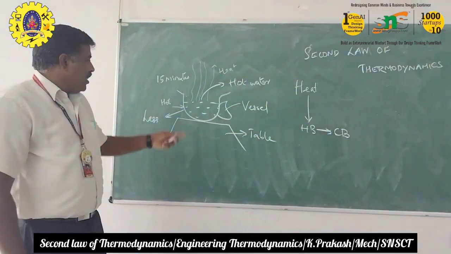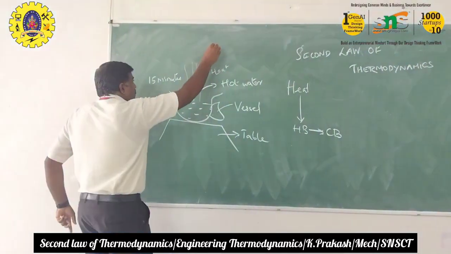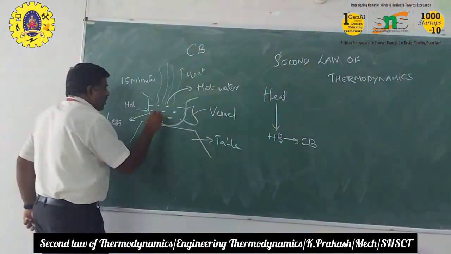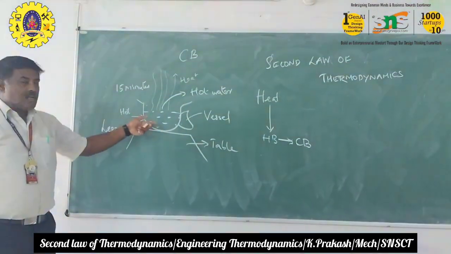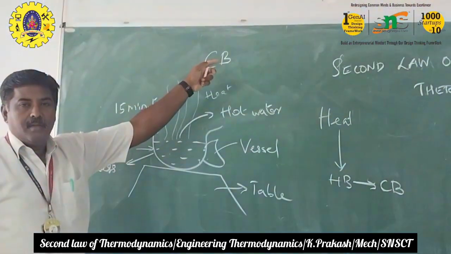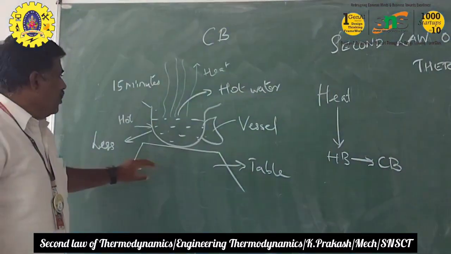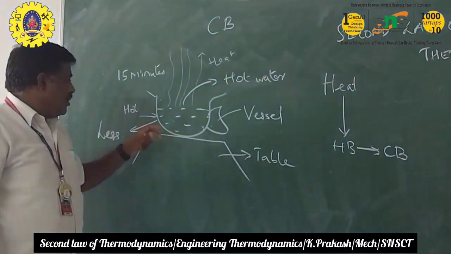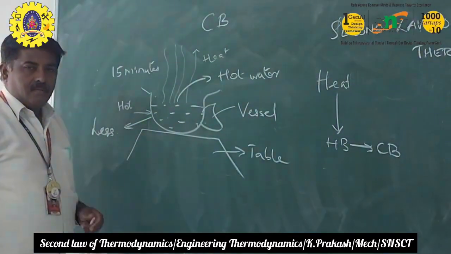The same principle applies here: the environment is the cold body and this vessel of water is a hot body. So heat moves from the hot body to the cold body, and this vessel gets colder.